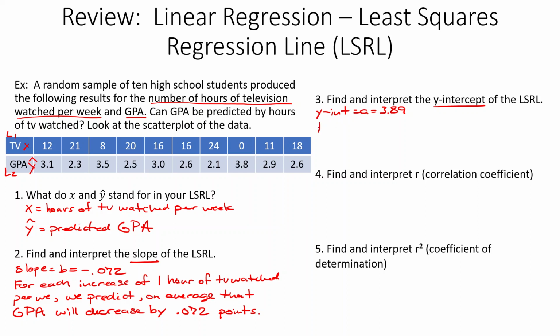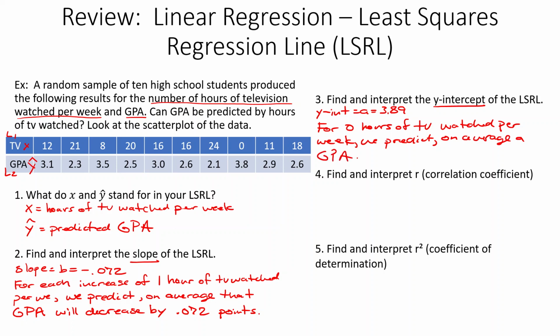So for 0 hours of TV watched per week, we predict, on average, a GPA of 3.89, and I guess we could say 0.0. I know we don't usually have units on that.